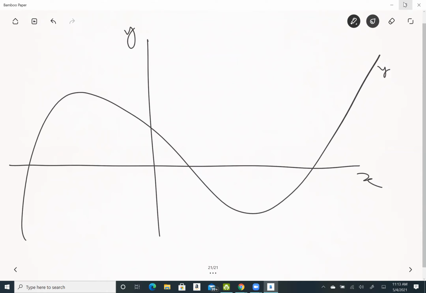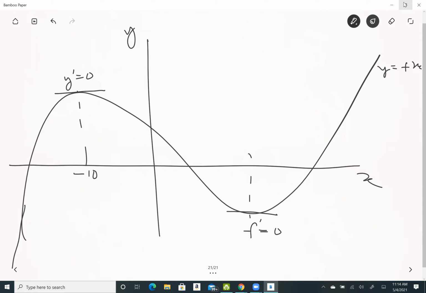So we got y equal to f of x. Now let's say I just want to consider, suppose here y prime equal to 0. This is at negative 10. Here f prime or y prime equal to 0.